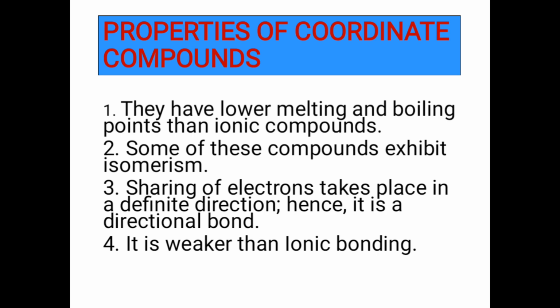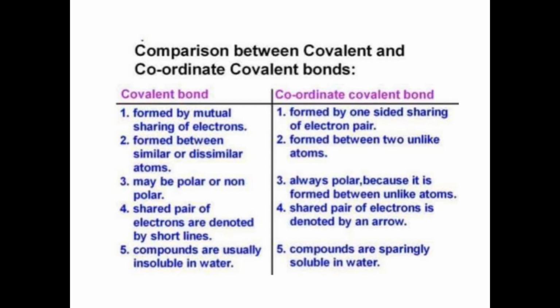Hence, it is a directional bond because we are using an arrow to point from the donor to the acceptor. So it gives us a direct clue that this electron is coming from this atom to this atom. So it's a directional bond. It is also weaker than ionic bonding.